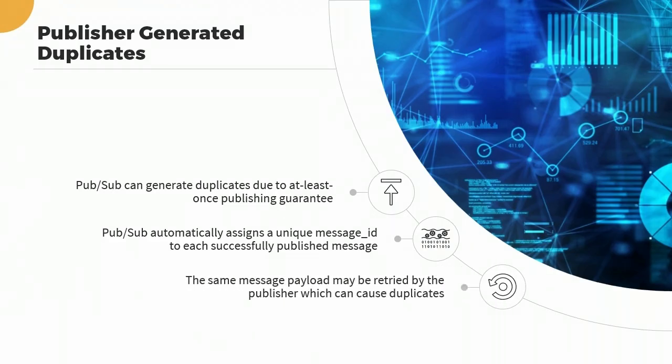Now, the same message payload may be retried by the publisher, which can cause duplicates, and this is where we need to filter our queues so that we only get the unique message IDs, or have some type of log in our system so that we can easily check to see if this message ID has been processed. Something like that is what we could do, to have some type of tolerance for duplication.